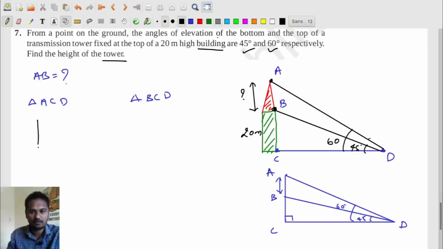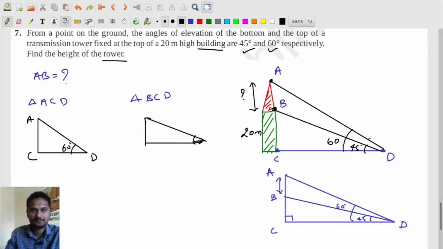What is ACD? This is your ACD. Here AC and then D, and what is the angle here? ACD is 60 degrees, and then BCD. Here 30 degrees, sorry, 45. You have 45 degrees.